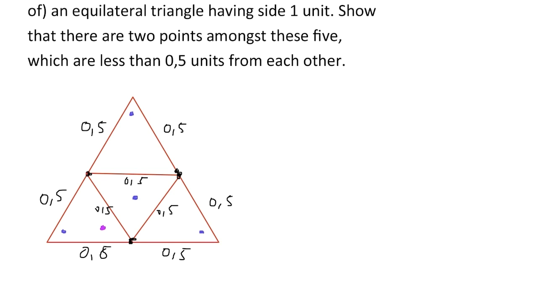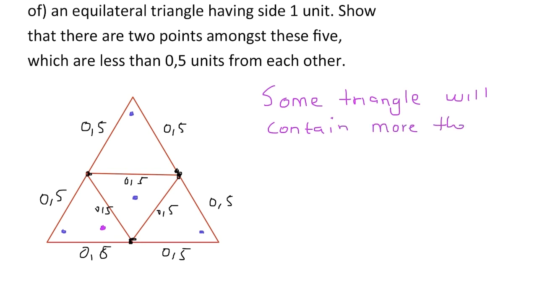So from here we can see that there will always be a triangle, so some triangle will contain more than 1 point, or you can say some triangle will contain 2 points.